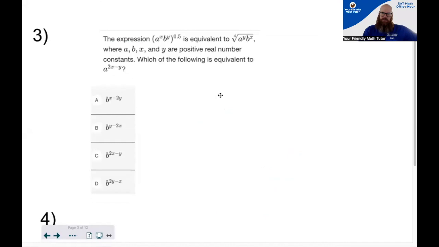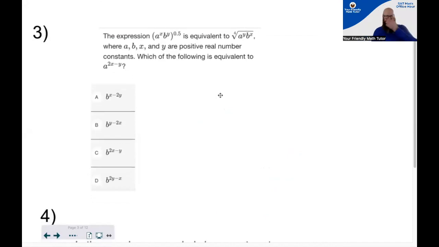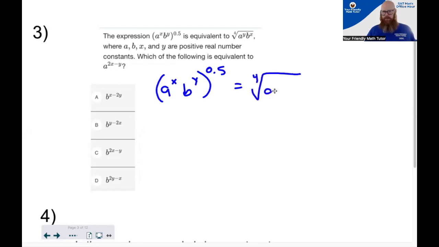All right. Number three. So we have this expression, these two things are equivalent. So that means I am simply going to write them as being equal to each other. And this one, actually, nah, let's do it this way. The first thing is I don't want this fourth root here, so I'm going to get rid of that by raising everything to the fourth power.